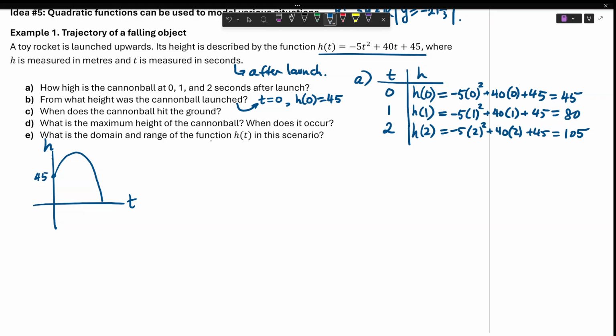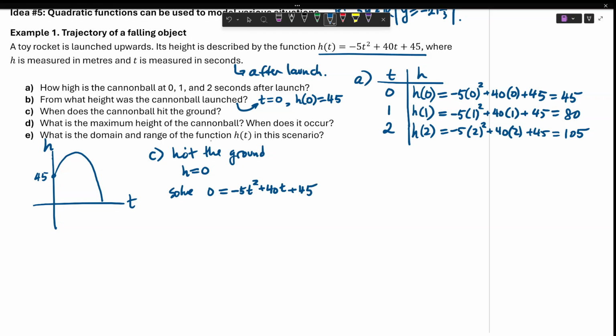Part C says, when does the cannonball hit the ground? So when it's hitting the ground, that means its height is 0, right? So we're going to solve when the height is equal to 0. So when 0 is equal to -5t squared plus 40t plus 45.